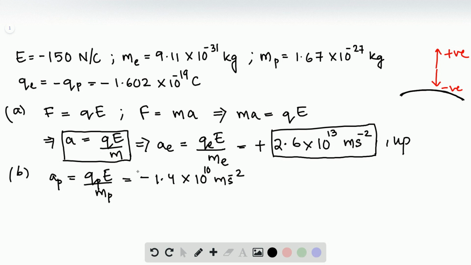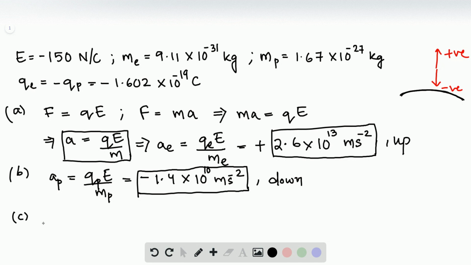Since this value is negative, we can say the acceleration experienced by the proton is downwards, or towards the center of the Earth, just like the electric field given.